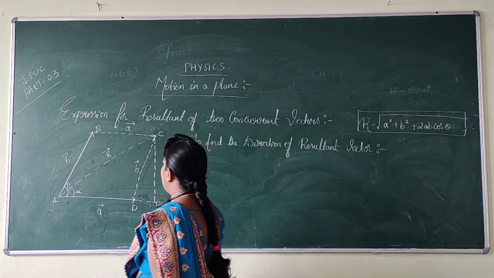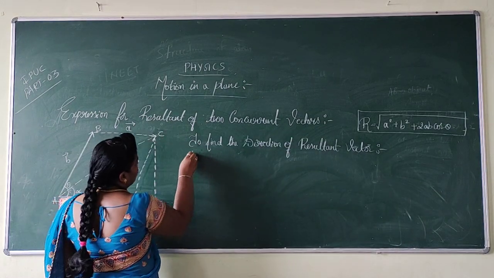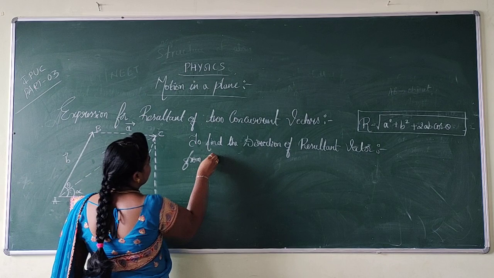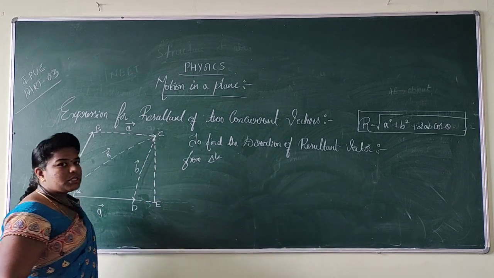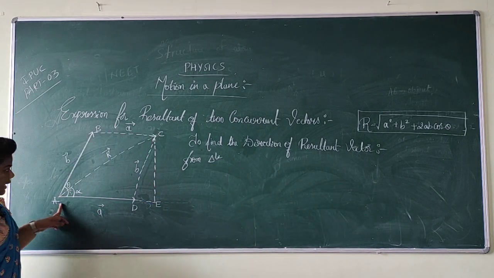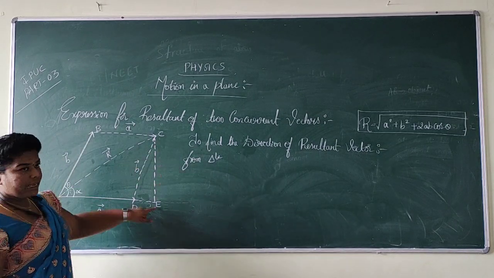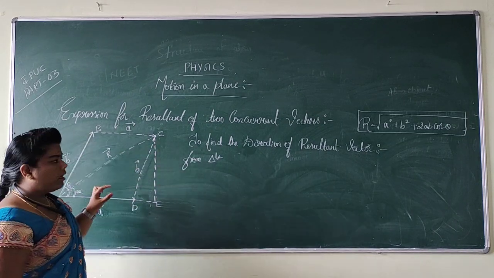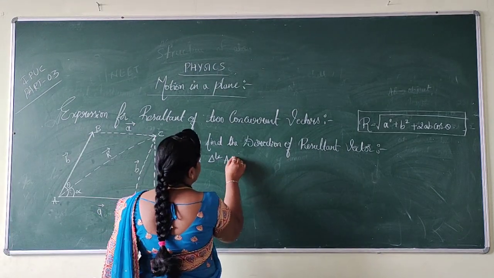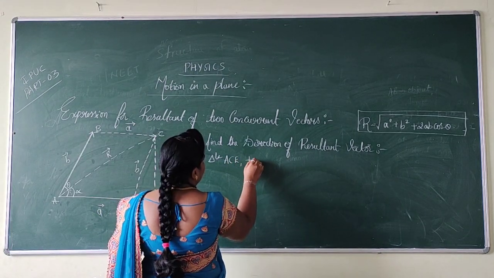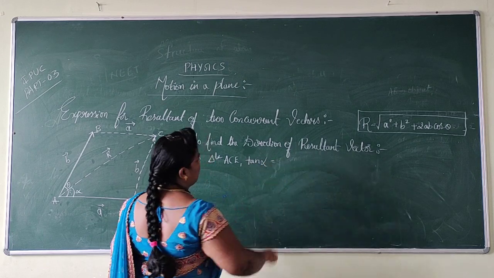Yes, done. See, from the triangle, which triangle am I considering? ACE. I am using the triangle ACE because there I will get the angle alpha. Therefore, in that I am calculating tan alpha.